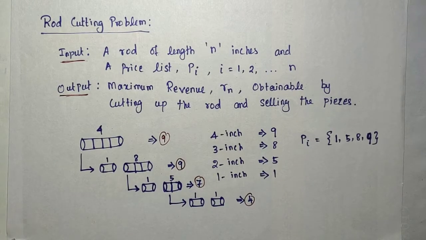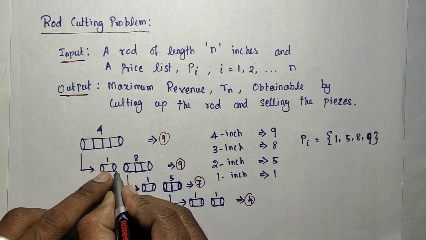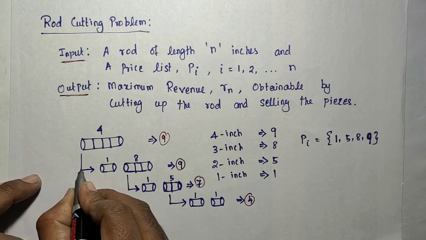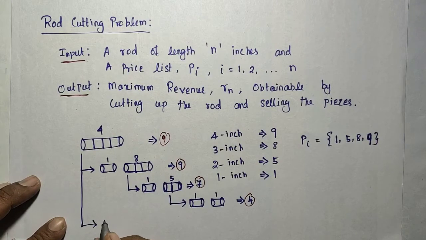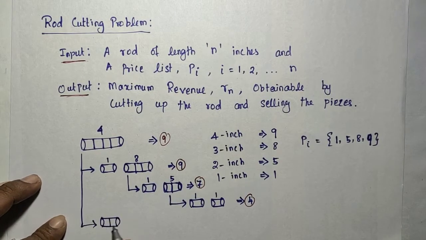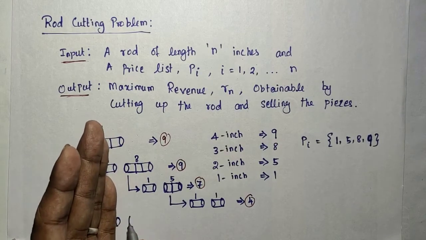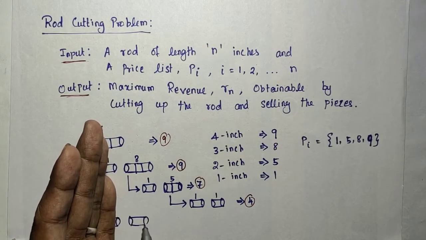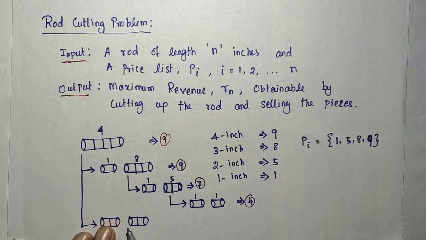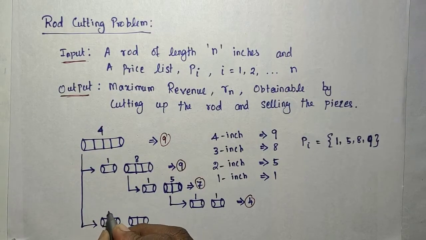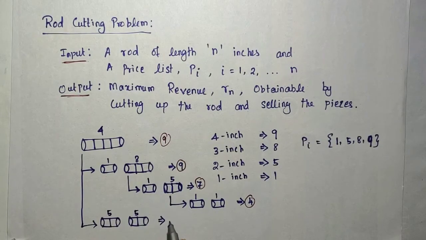Okay, here first you have made a cut on the first inch. Similarly, I can make a cut on the second inch. It means that two pieces, I made a cut on the second inch, and then the 2-inch rod will be sold as it is. This 2-inch rod price is 5, this 2-inch rod price is 5, so we get 10 rupees revenue.